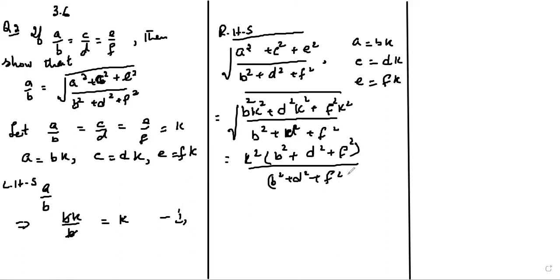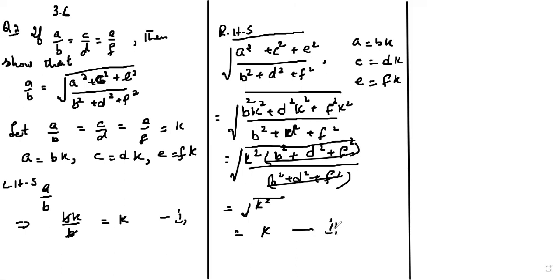Right, just the square root of it, so K square root is the right hand side. We have equals to K, which is number 2.